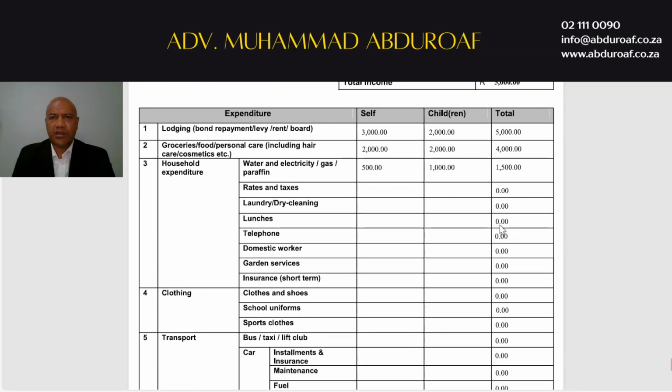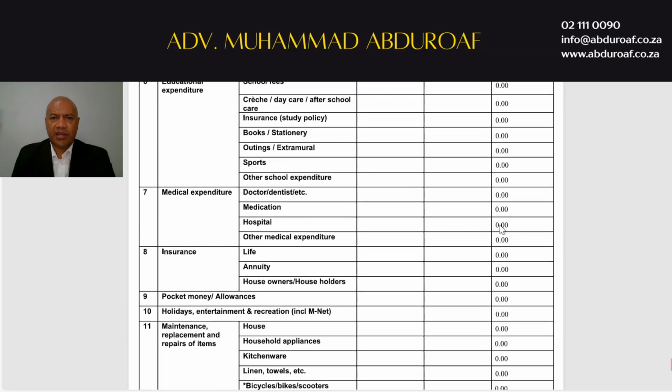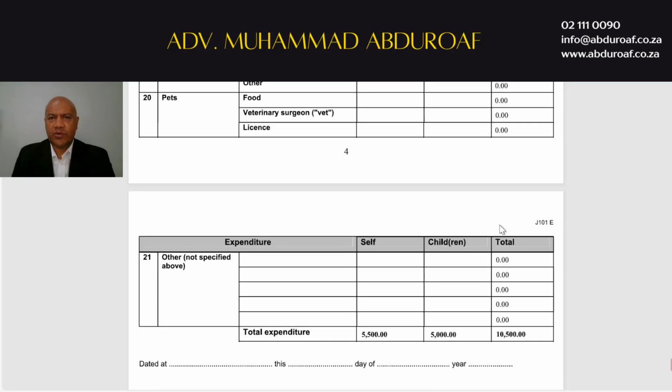Here you outline or unpack the various expenses for you and the minor children. If there are expenses that you are incurring and which you do not find on this form, you can insert it below.